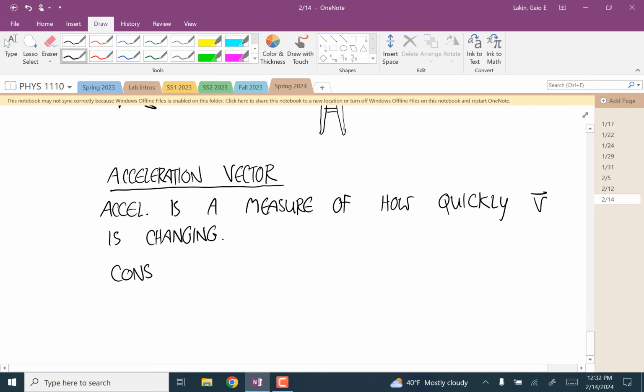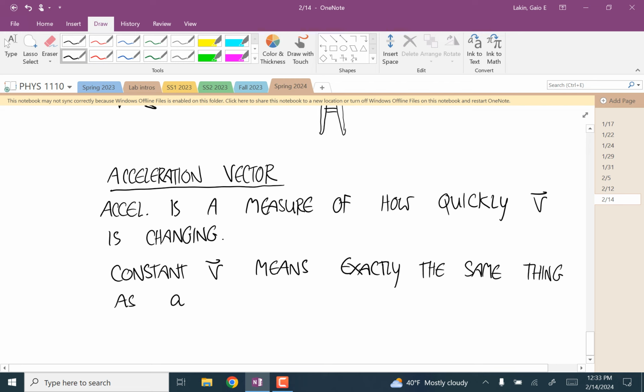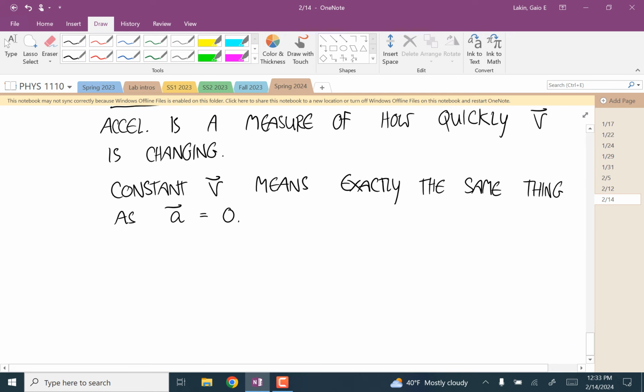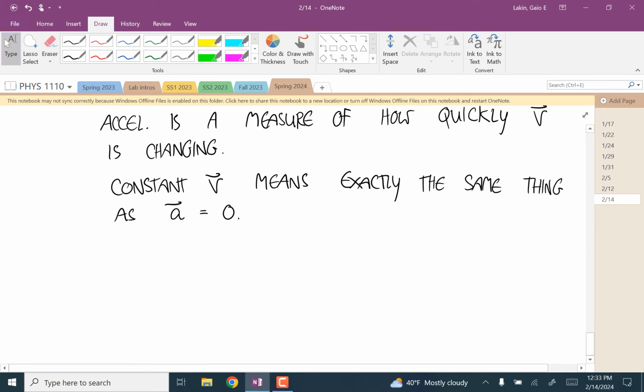Constant velocity means exactly the same thing as 0 acceleration, 0a. Okay.